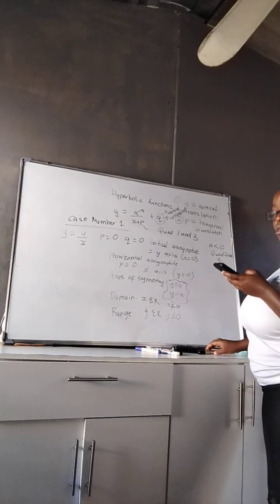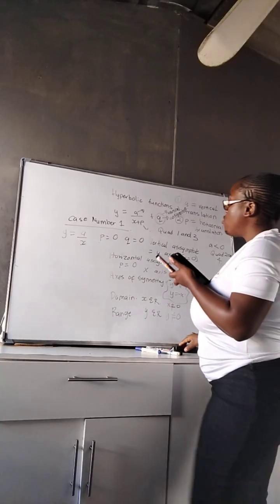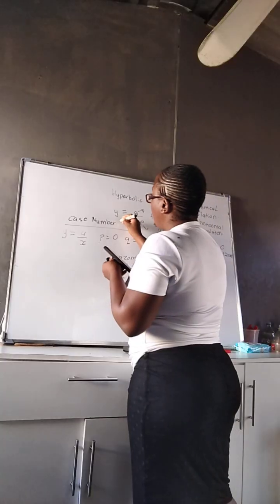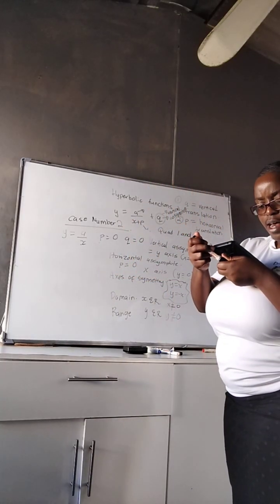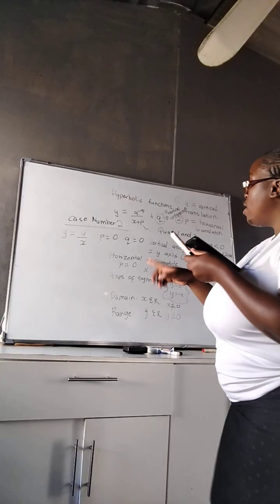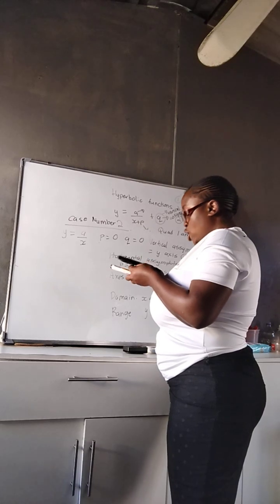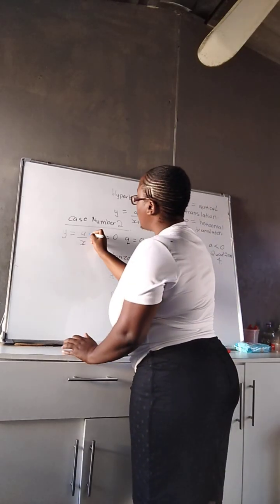And then let's talk about case number 2, right? Case number 1, we did, and then case number 2 is when we don't have p, but we actually have q. So we are going to add a q there.